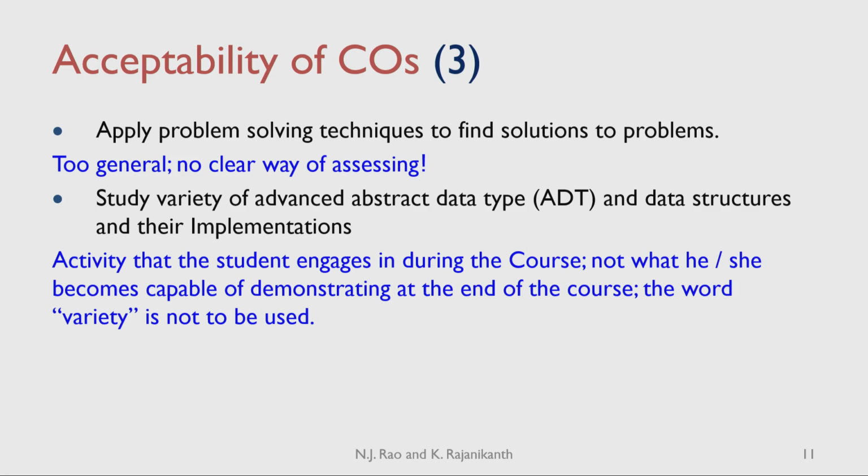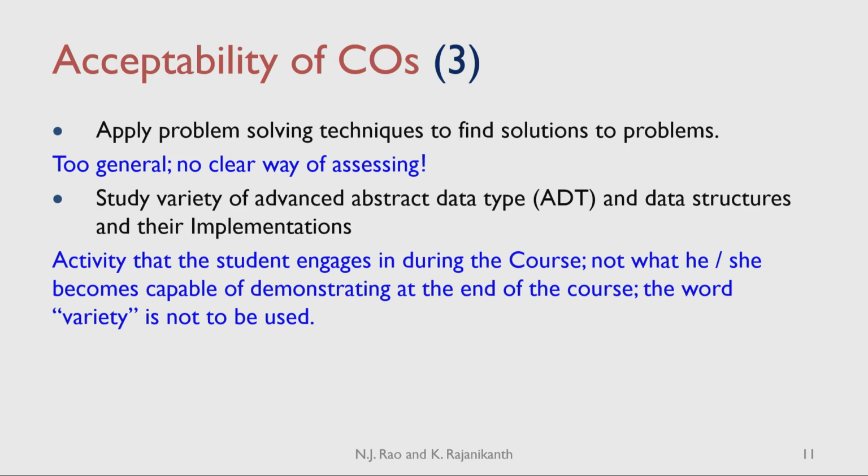So it is an activity that the student engages in during the course, whereas an outcome is a statement of what the student is able to do at the end of the course. So this is not really a learning product, rather this is a learning process. An outcome statement must be a learning product. At the end of the course, what is it that the student can do? That will be an outcome statement.